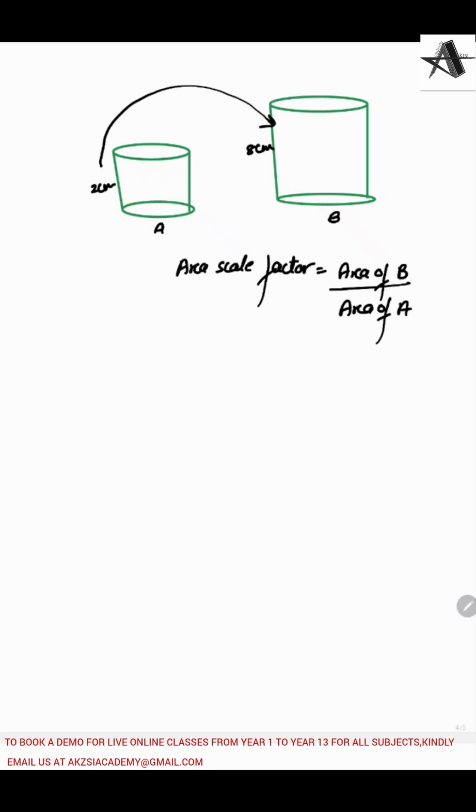There is another way of calculating the area scale factor, which is in terms of length. So the area scale factor in terms of the length scale factor is LR squared. LR is the length scale factor. So suppose you have a length scale factor of 2. So the square of 2, that is 4, will be your area scale factor. And similarly, I can say for the volume.